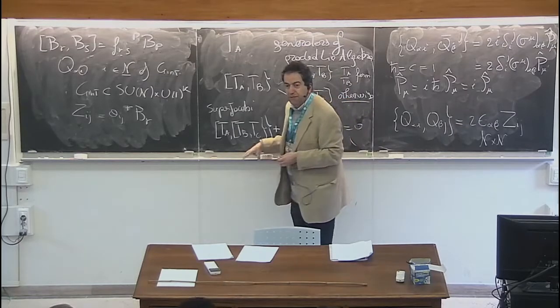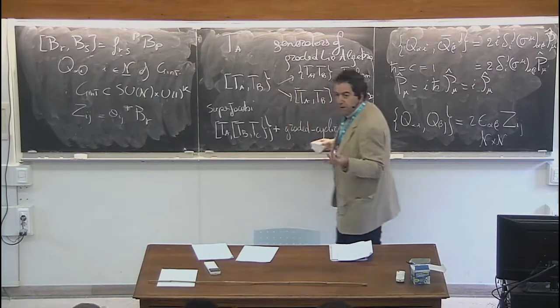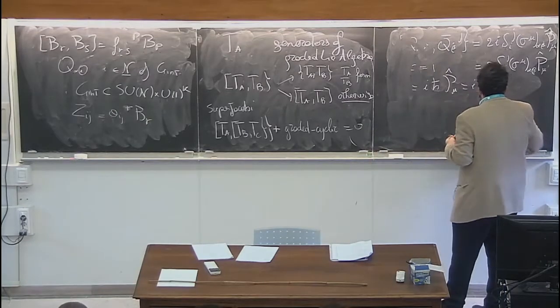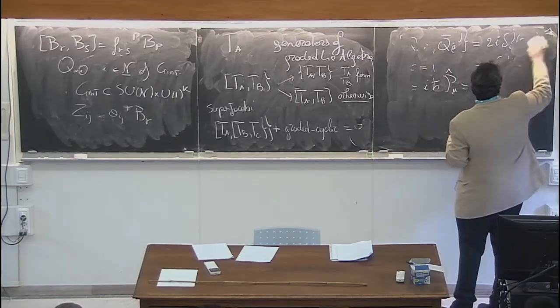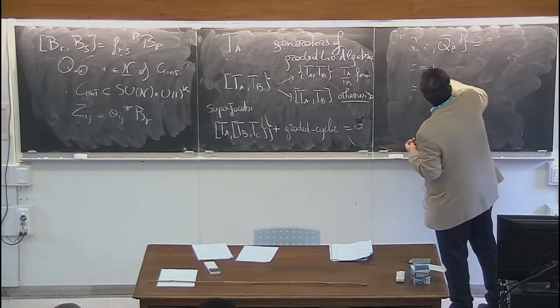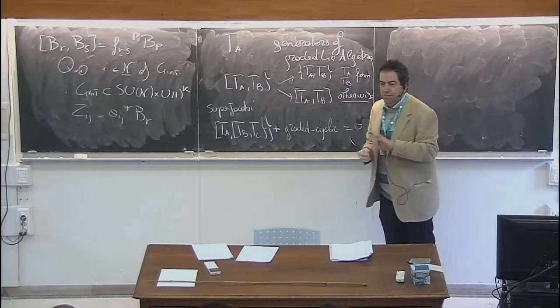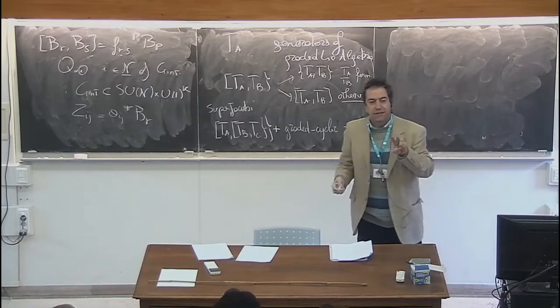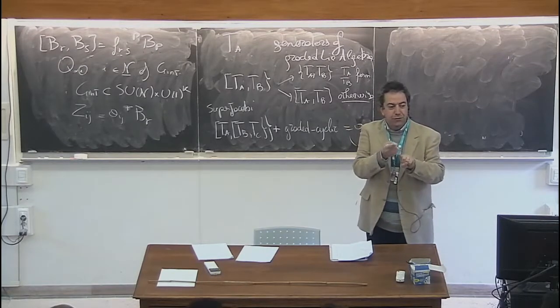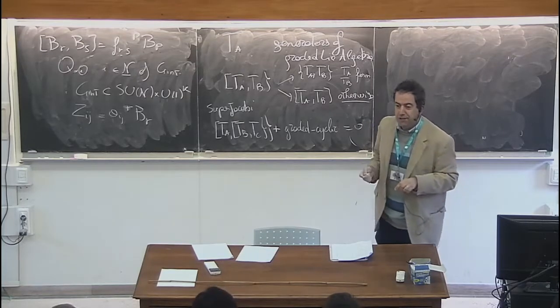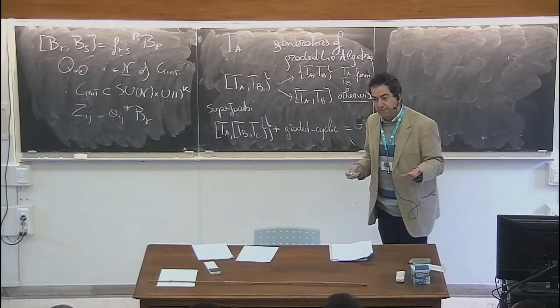That you can verify explicitly using the definition of commutators and anti-commutators. What do we mean by graded cyclic? Graded cyclic means that if the cyclic permutation involves interchange in the position of two fermionic generators, you get a minus, right?